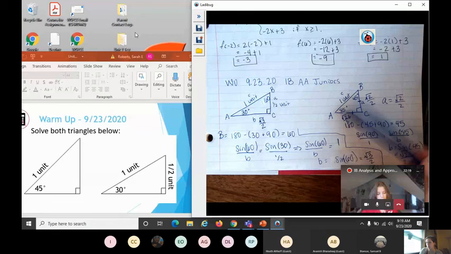Let's just use the measures. So we need X or Y in there, right? Which one do you want to do? We'll do X. Okay, so X, and what angle is across from X? 40. Yeah, so we have the sine of 40, and then we could multiply that by 20 over the sine of 80.